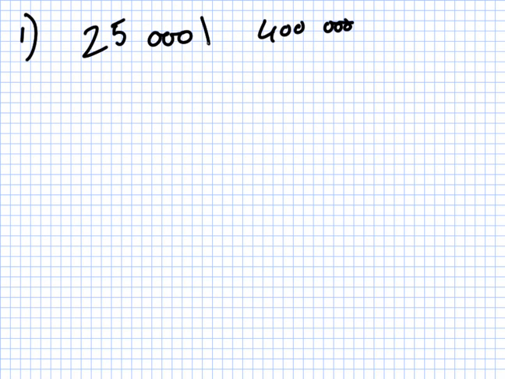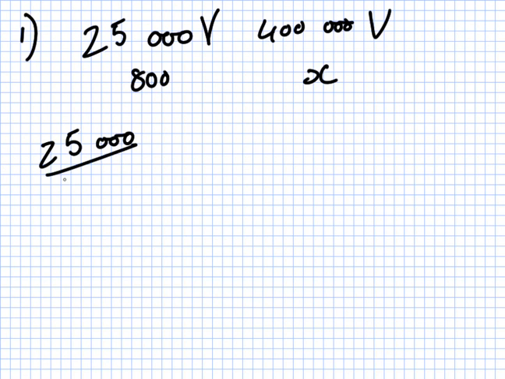So it's 25,000 over 400,000 equals 800 over x. You can cancel them.